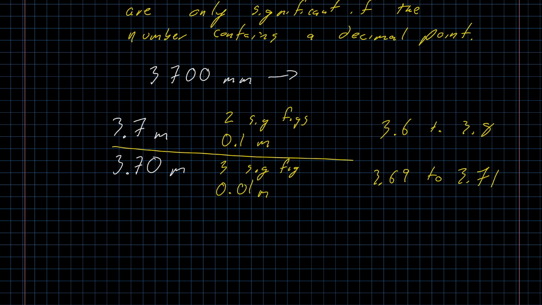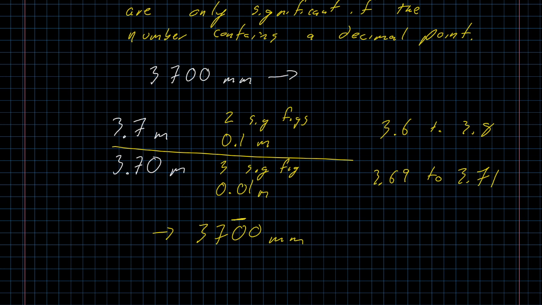The natural question that comes from this then is, well, when we wrote that in millimeters, how do we record that? And the answer for that is that we just invented a new symbol. So if I want to write 3.70 meters in millimeters, it would again come out as 3,700 millimeters, but I want this zero to be a significant digit. And the way we denote that is we put a macron over it.